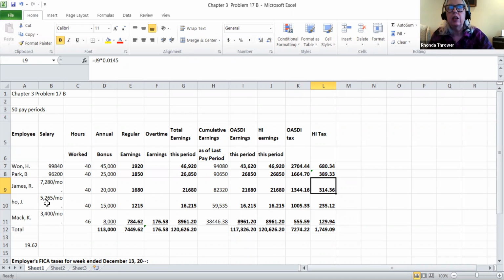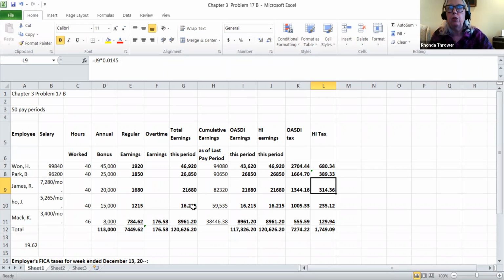And then you basically do the same thing for the rest of these. So convert the monthly salary to an annual salary, then divide your annual salary by 52 weeks to get your regular earnings.